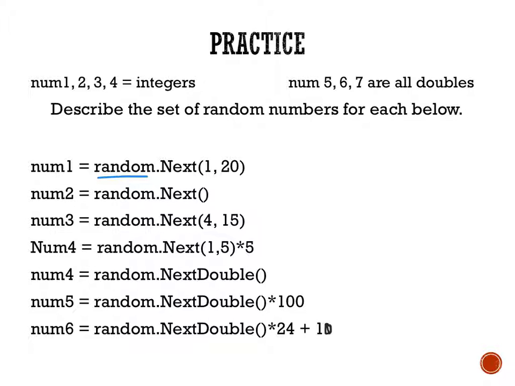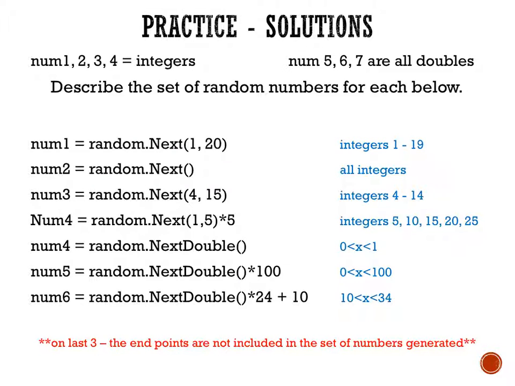So pause the video, see if you can determine what random numbers will be sent back into the program, whether it's integers between this and this, or maybe you have a double inequality where x is sandwiched between maybe 0 and 10. So you tell me what that set of random numbers would look like, and then I will move on to the solutions and discuss some common misconceptions on the next slide.